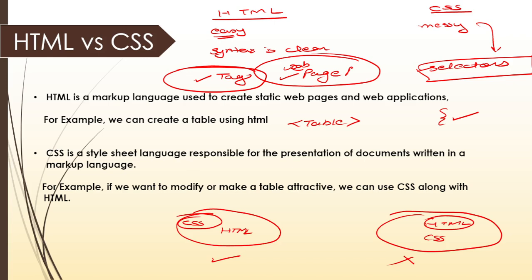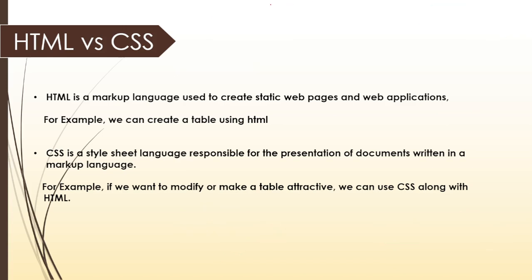Also, in CSS there is no interaction with the database, like SQL, etc. Also, CSS has multiple levels like CSS1, CSS2, CSS3, so many times this creates confusion. This is also one of the disadvantages of using CSS.